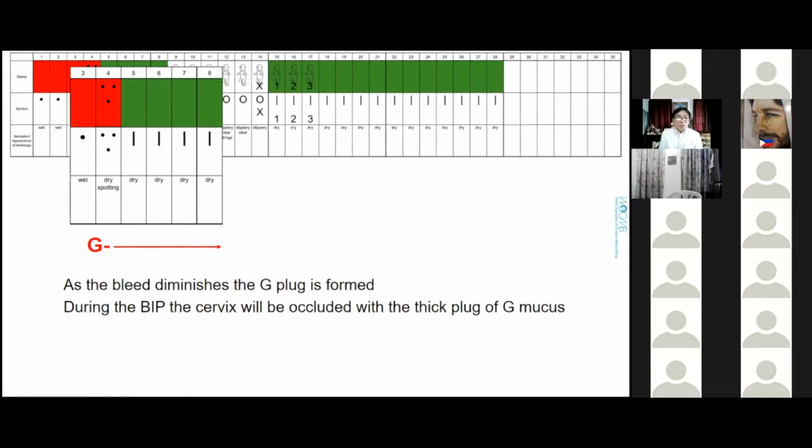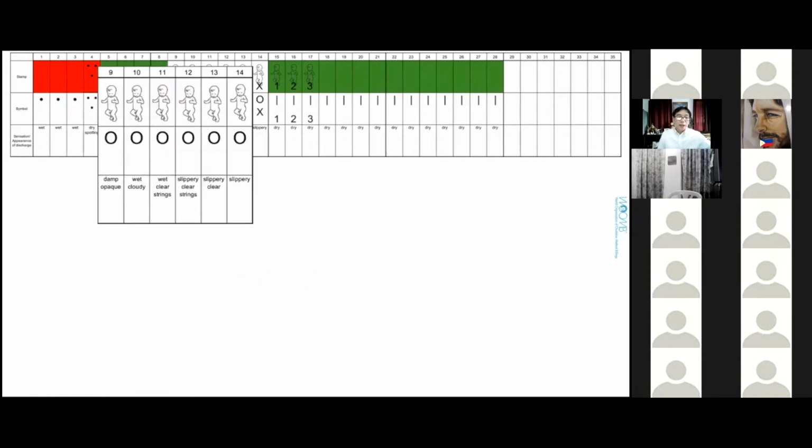From days 4 until day 8, the cervix is completely closed by the G plug mucus according to Professor Eric Odeblad. Sperm are kept out of the cervix and have a very short life.